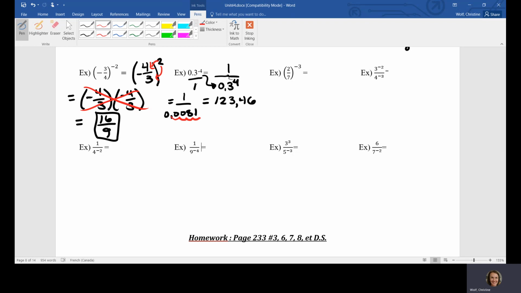Si tu bouges le décimal en bas 4 fois, il faut vraiment bouger le décimal en haut 4 fois. It's like adding 4 zeros. If you move the decimal down low to the right 4 times, you have to add 4 zeros to the right of 1. And it becomes that. 10,000 over 81.